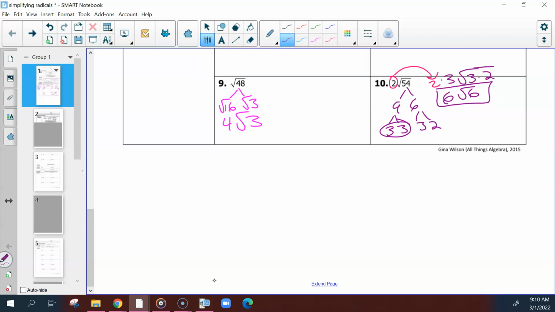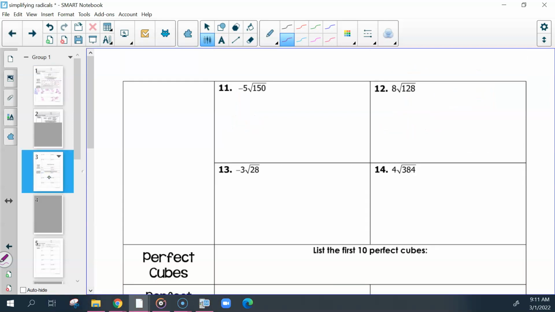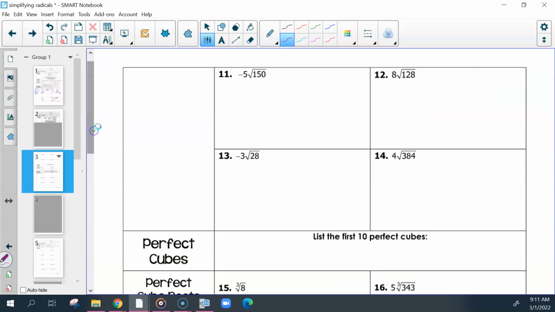Do you have any questions on this so far? Let's do 2 more of these and then I'll let you go back and practice them. We'll do 11 and 14.